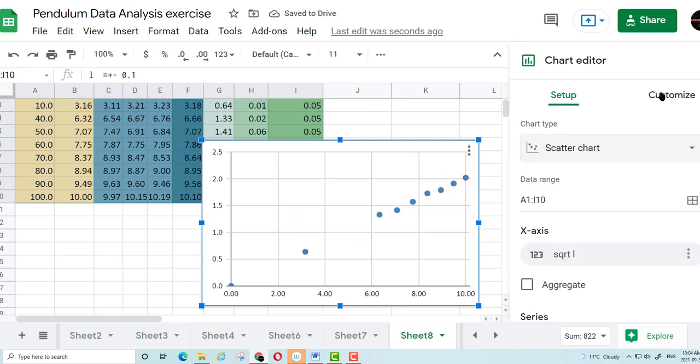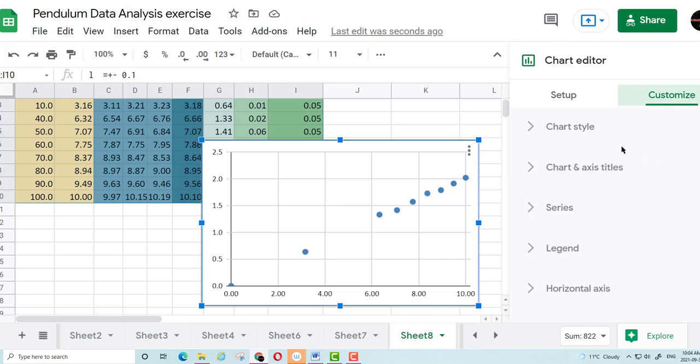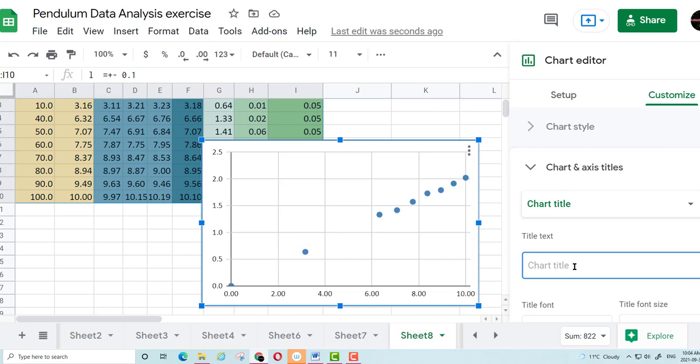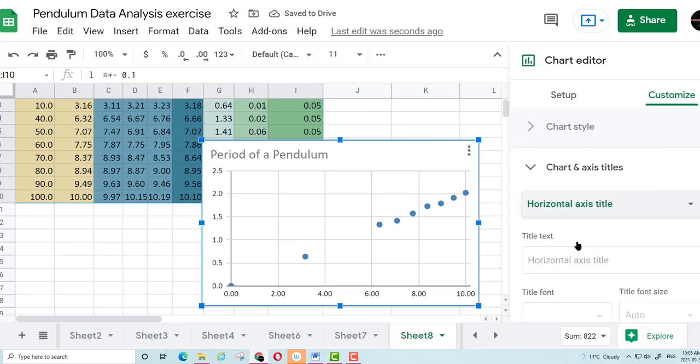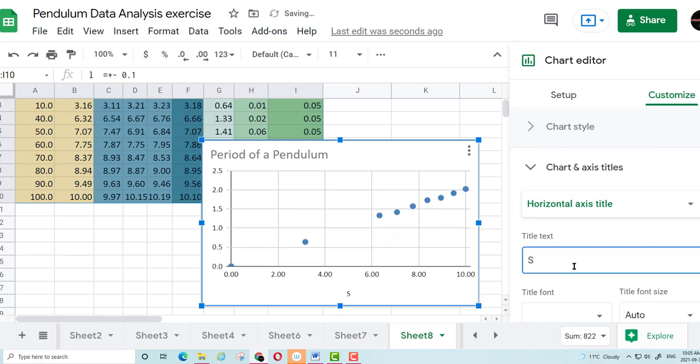Let's go to Customize. Horizontally, my variable is the square root of length, and the units there would be the square root of centimeters, so I'll write that as centimeters to the 1/2.